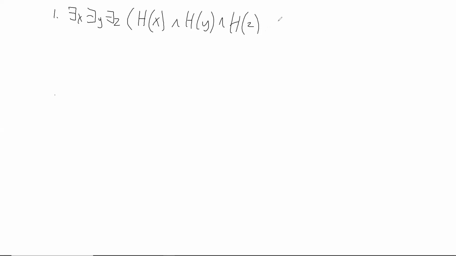So what we need to say is, and X is not equal to Y, and Y is not equal to Z, and X is not equal to Z. And that's question 1. This says that there are at least 3 horses. Question 2. There are at least 3 animals in the world.